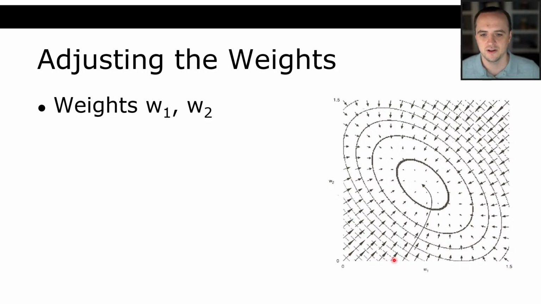So let's say you have weights, and I'm graphing my weights here, W1 along the x-axis and W2 along the y-axis. What this graph shows is these arrows, where the length of the arrow is essentially the error if I pass in these weights. We can have many weights, but it's just easier to visualize in 2 dimensions.